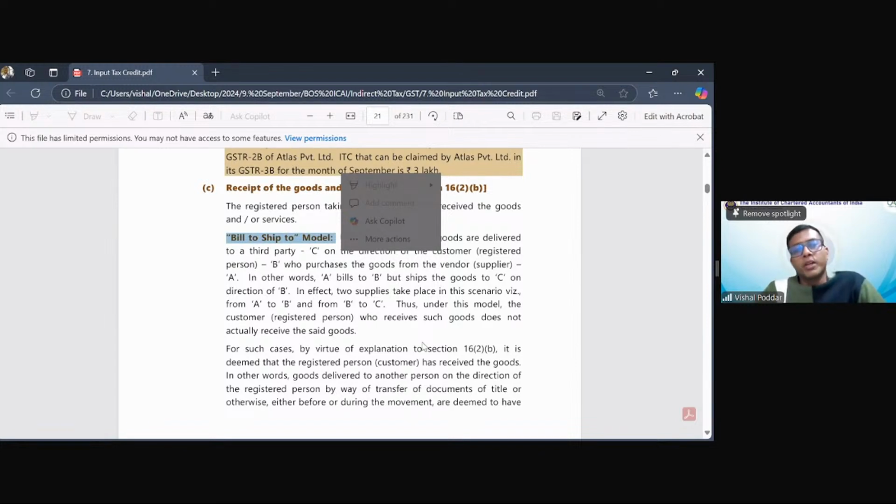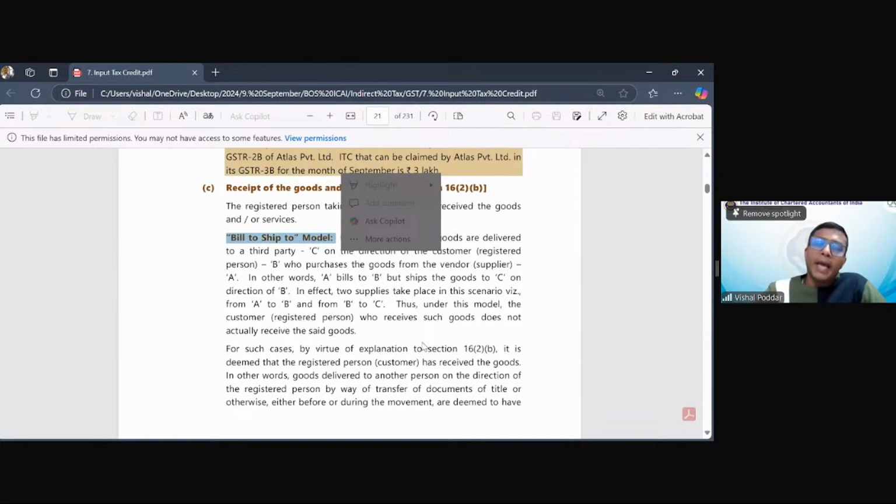Now, in this particular case, the practical challenge that was appearing was that if he has not received the goods physically, can he still claim the ITC? The answer to this is yes. Why?